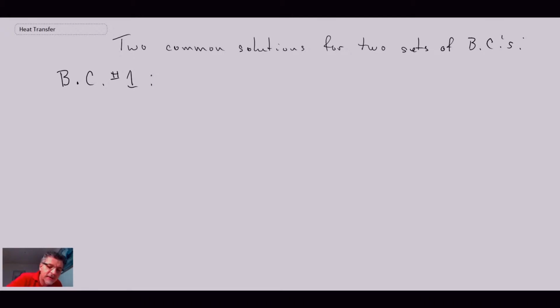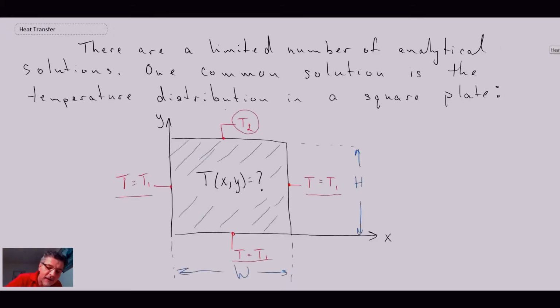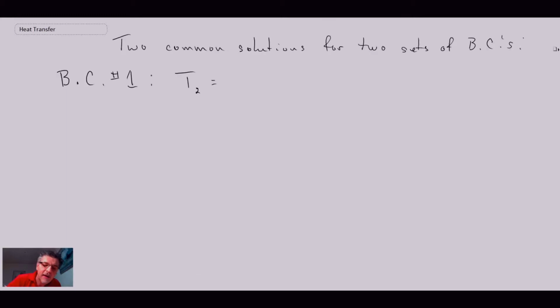What boundary condition number 1 states is the temperature at the top of the plate. Let's go back and look at the image. The temperature up here, T2, so we're looking at the temperature distribution along the top of the plate. We're saying that it is a sine function.